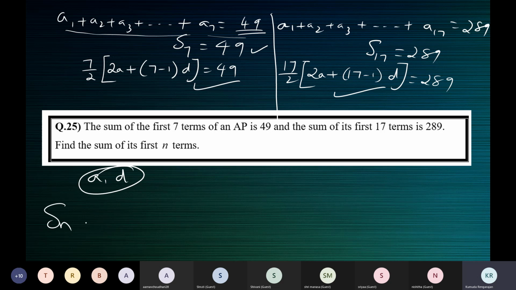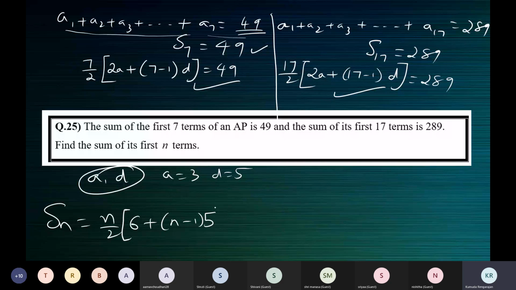Find Sn. Supposing you get A is 3 and say D is 5. Now we need to find Sn, the sum of its first n terms. So Sn is n by 2 of 2a, 2 into 3, 6, plus n minus 1 into d, 5. That's it. You will get a quadratic expression in n. Work this one.